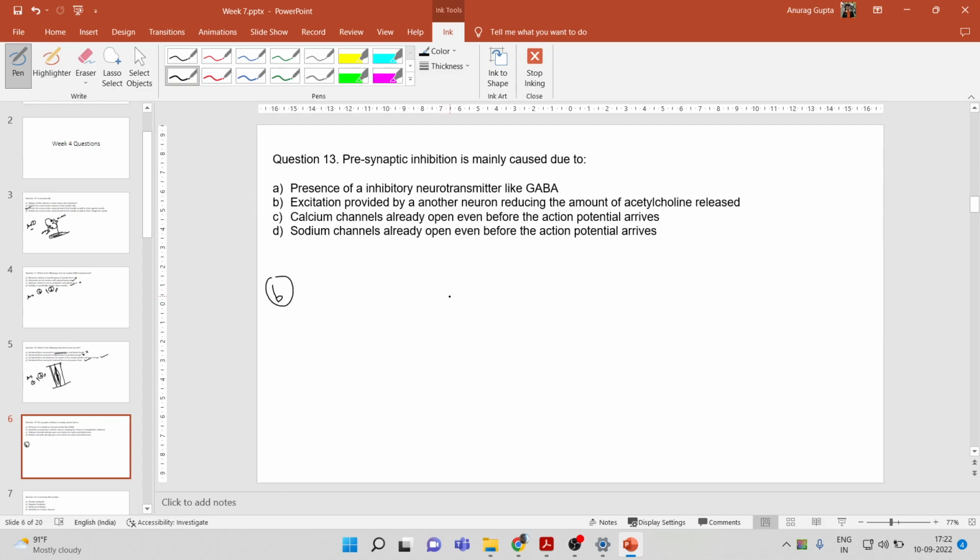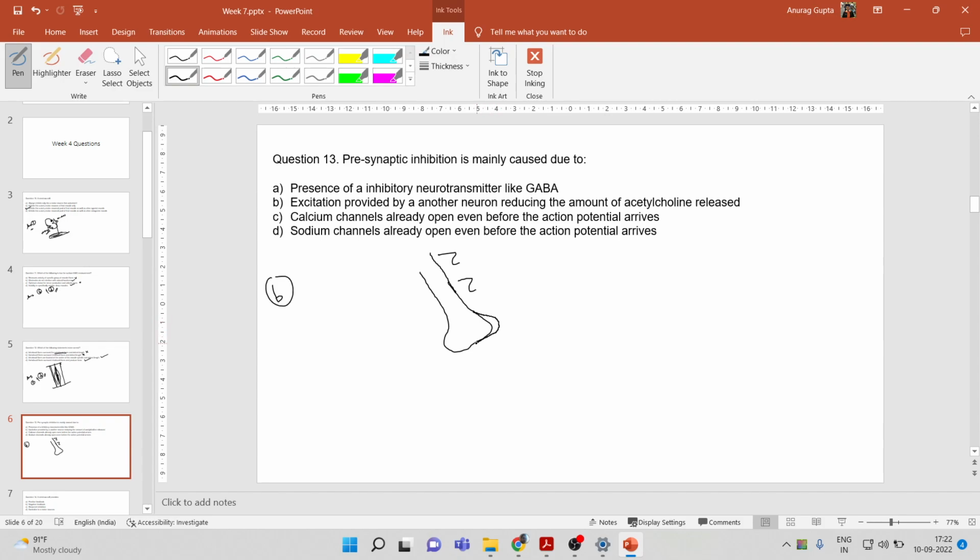In a neuron, let us consider this as the axonal end bulb of the neuron. An action potential usually travels down to the axonal end bulb, and it opens voltage gated calcium channels.